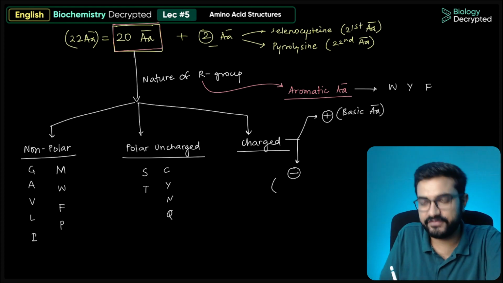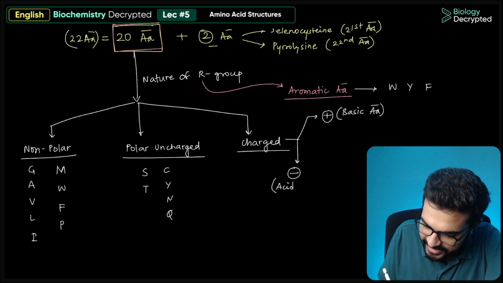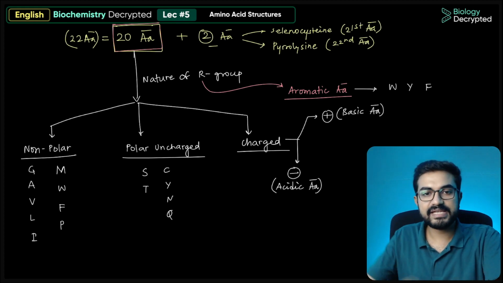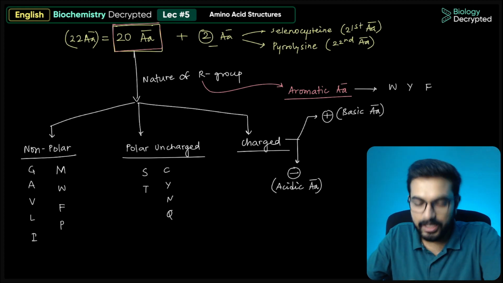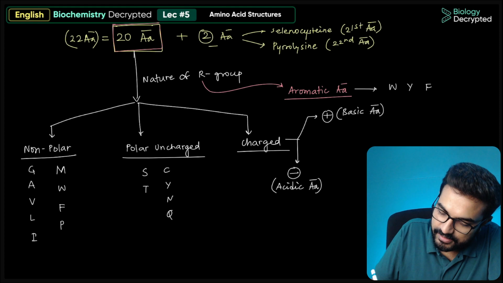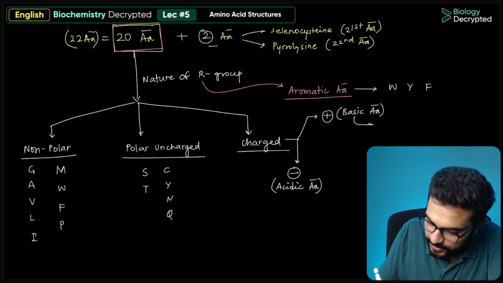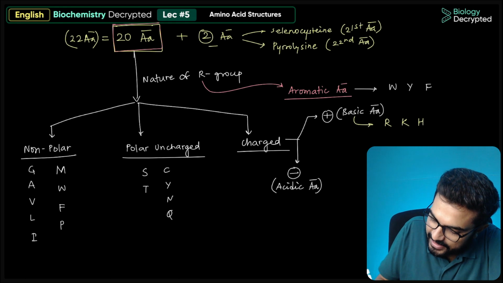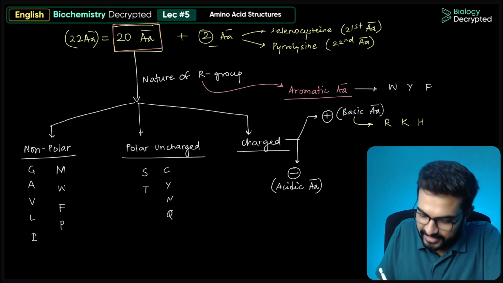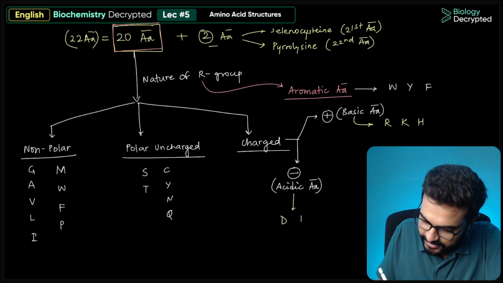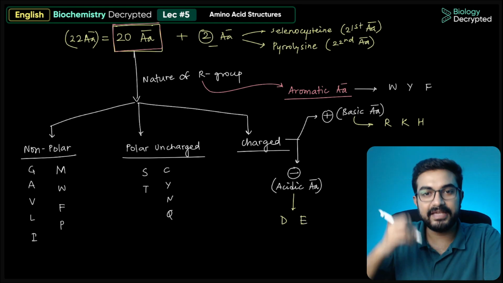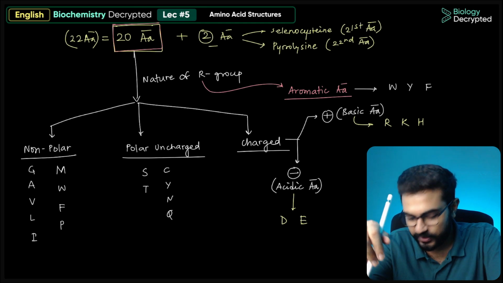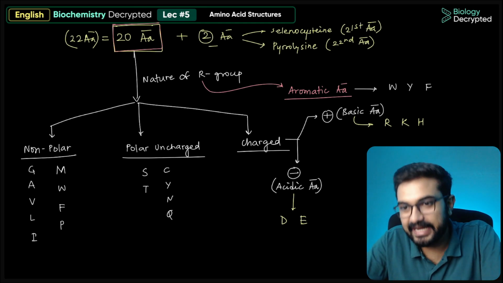Similarly, if they have a negative charge, they are called acidic amino acids. Now, I'll tell you how to remember this. For basic amino acids, it's R, K, H, and for acidic amino acids, it is D and E.